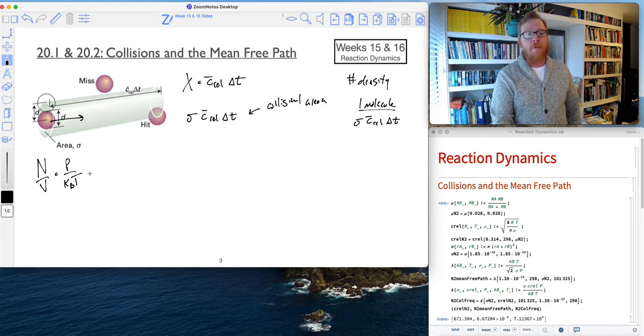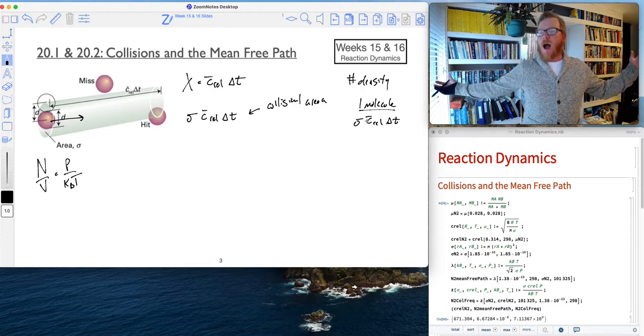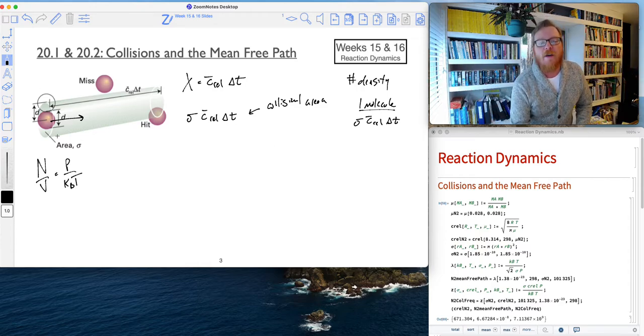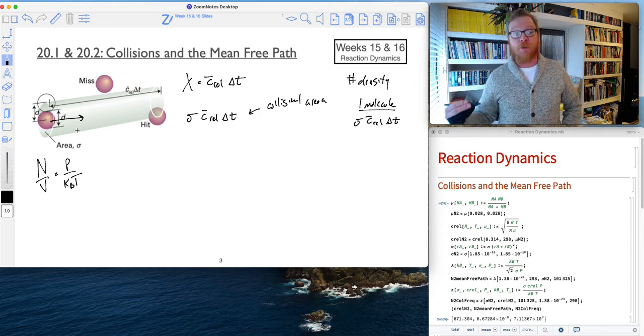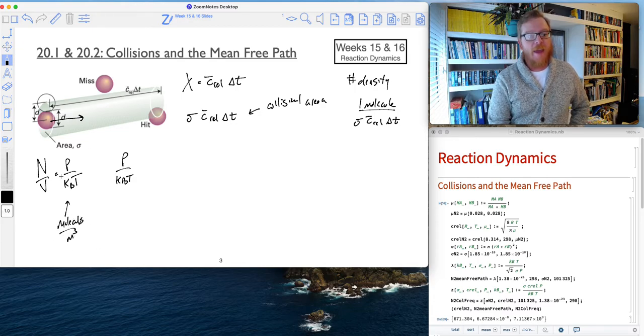And so recognize that we said 1 molecule per collisional area, right? But if we expanded that to a much, much bigger total volume, we'll have many of these molecules in their own respective collisional tube. So that means that we can say P, whatever the pressure is, and whatever the temperature is, P over kBT, that's going to give me molecules per cubic meter. If I use Pascal and Boltzmann's constant, that'll give me molecules per cubic meter.